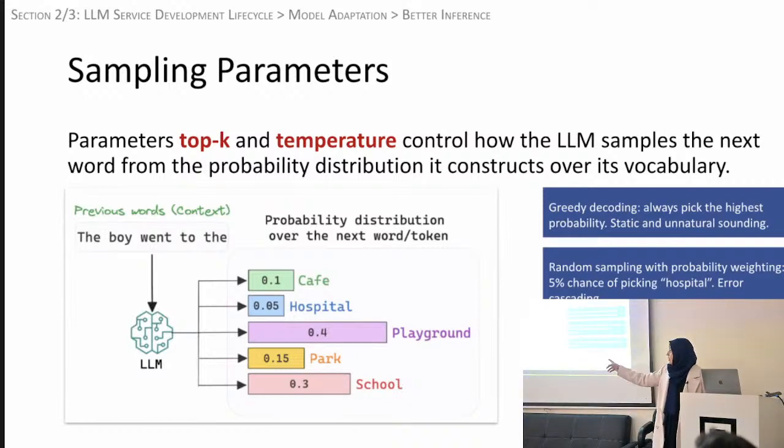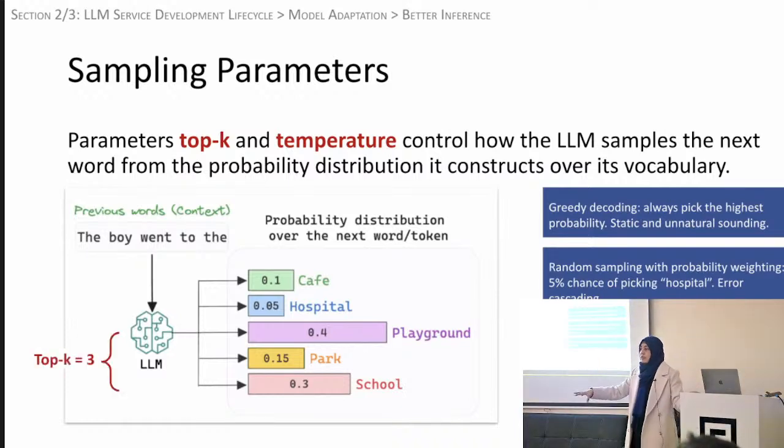Top k basically just gives it a number k and says just pick from these k choices, right? An alternate of that is top p, where you make this k dynamic, but I won't go into that right now. So it's just picking from the top few most likely tokens instead of just anywhere. And temperature works slightly differently, so we won't go into the details, but it computes a different probability distribution.